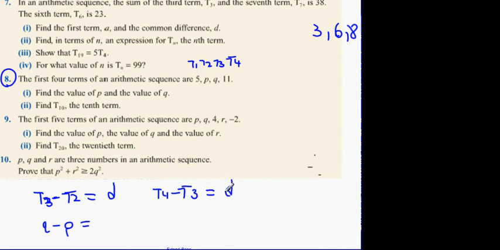T4 minus T3 also equals D, and that's 11 minus q. So q minus p equals 11 minus q.